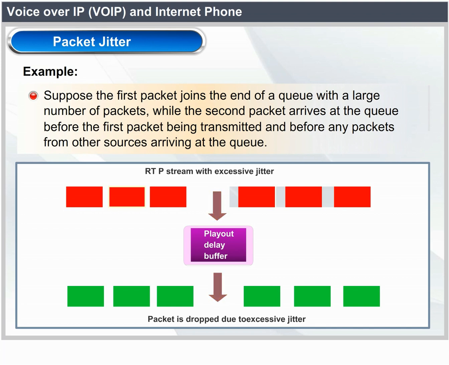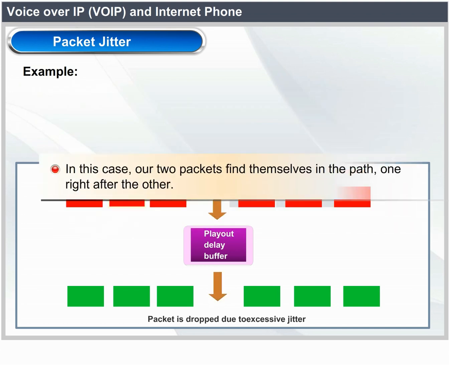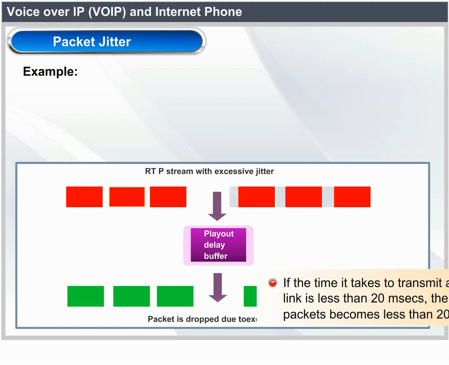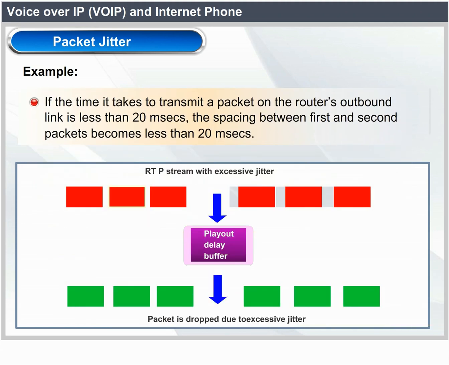In this case, our two packets find themselves one right after the other in the queue. If the time it takes to transmit a packet on the router's outbound link is less than 20 milliseconds, then the spacing between the first and second packets becomes less than 20 milliseconds.